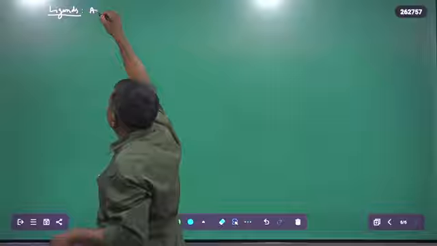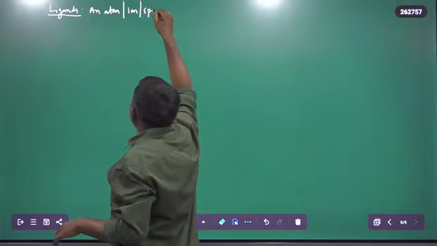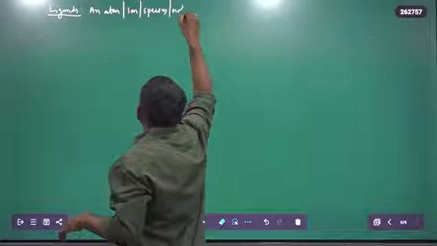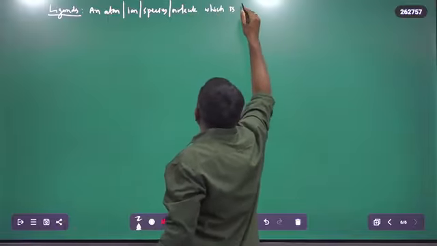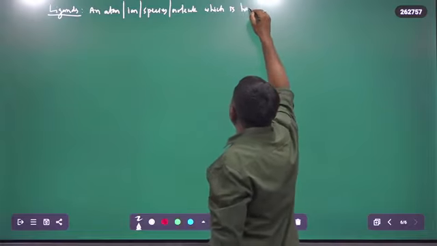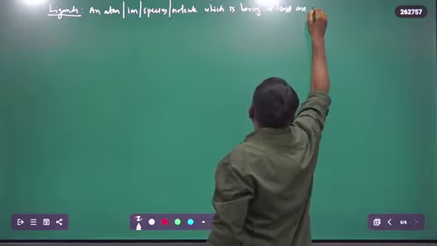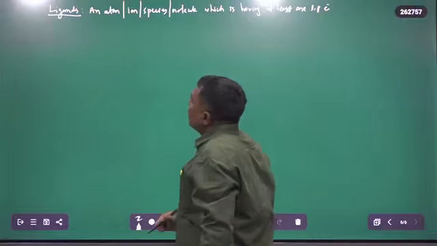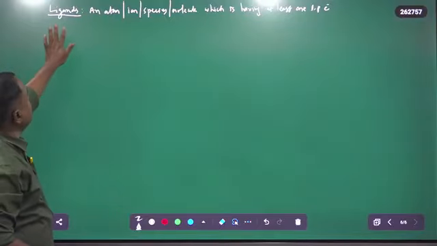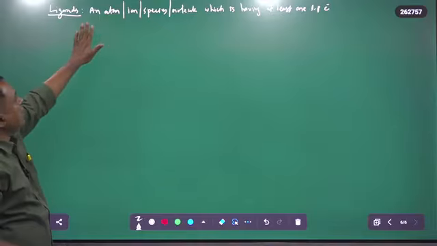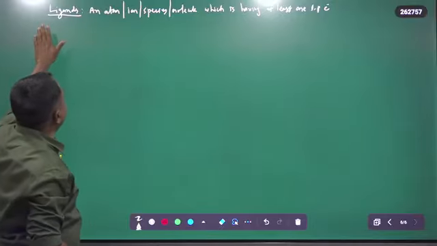So an atom or ion or species or molecule which is having at least one lone pair of electrons is acting as a ligand.